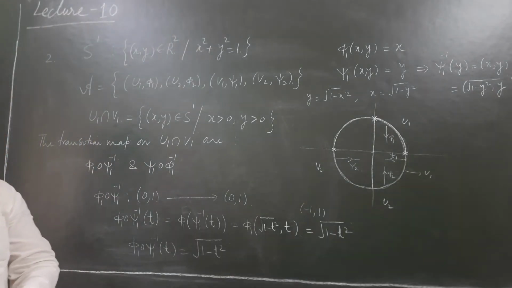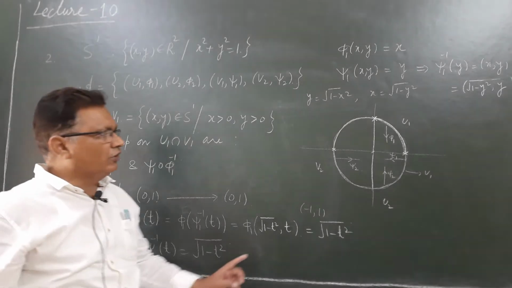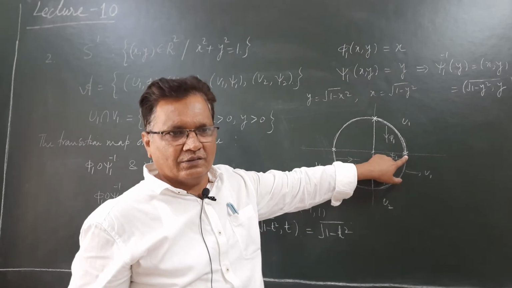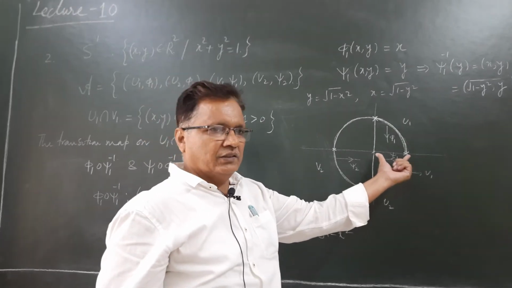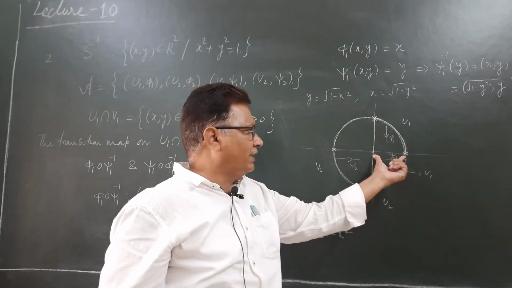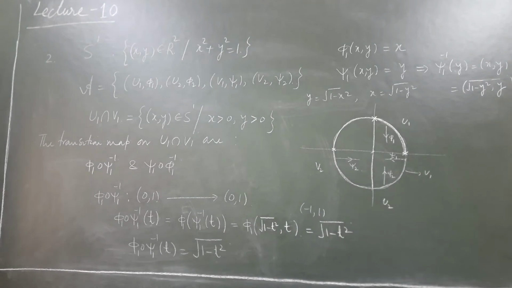The only problem that occurs is at t equal to 1. But t equal to 1 has already been excluded. Because the interval (0,1) excludes both 0 and 1, t equal to 1 is not there.